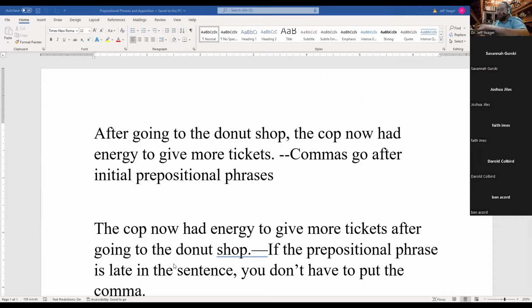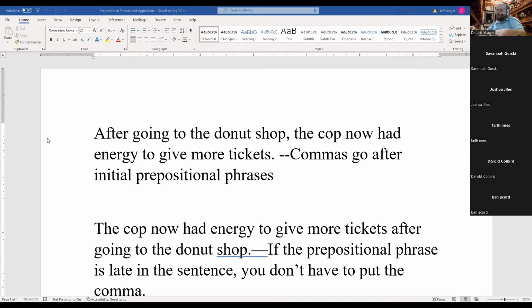A prepositional phrase is a phrase, just like a relative clause, that gives extra information to the sentence. Most of the time, a prepositional phrase functions like an adjective in the sentence.